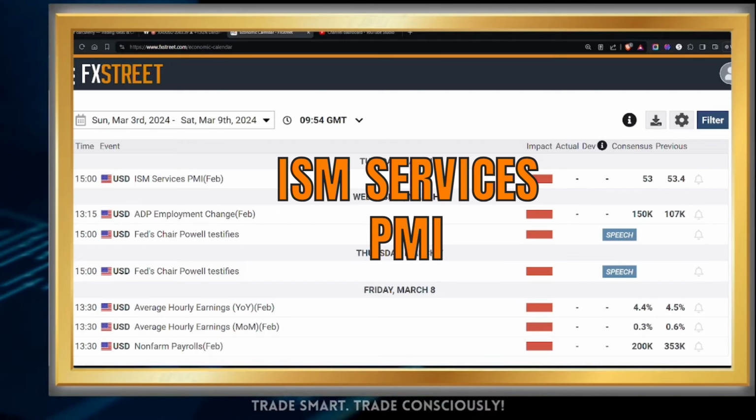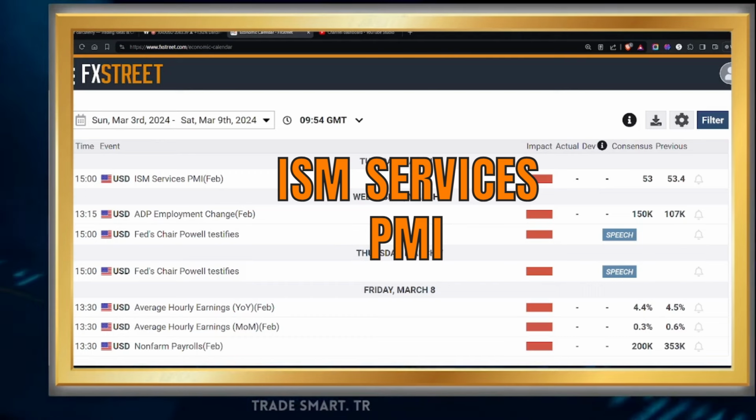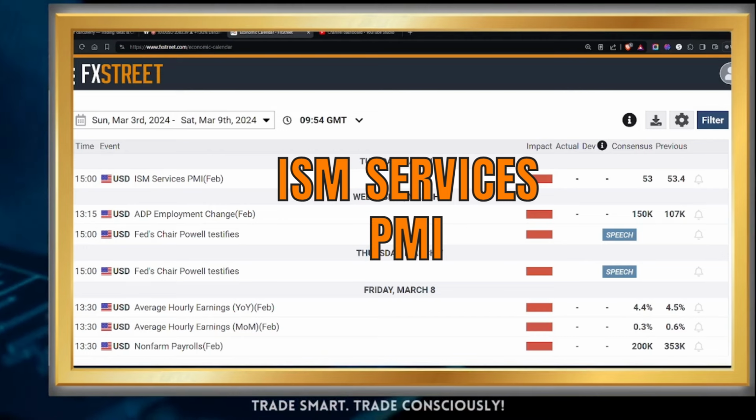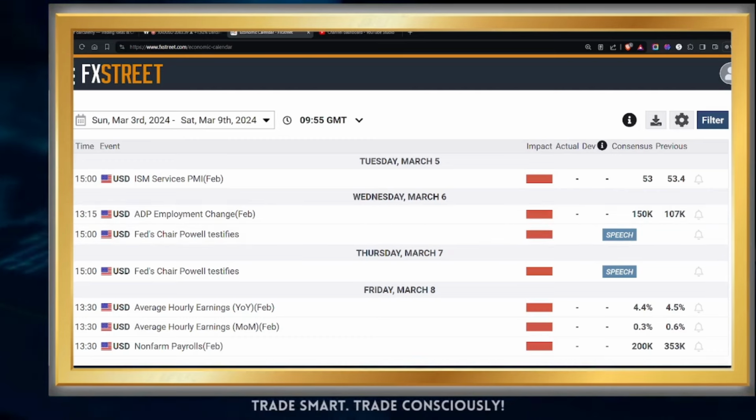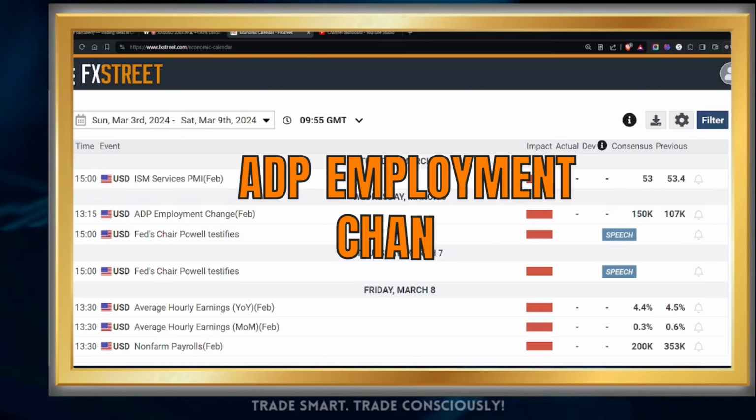Now, for those who do not know, this is a key economic indicator that measures the performance and expectations of the service sector in the United States. And of course, a higher than expected data typically signals economic expansion, boosting market sentiment, while a lower than expected reading may indicate contraction.